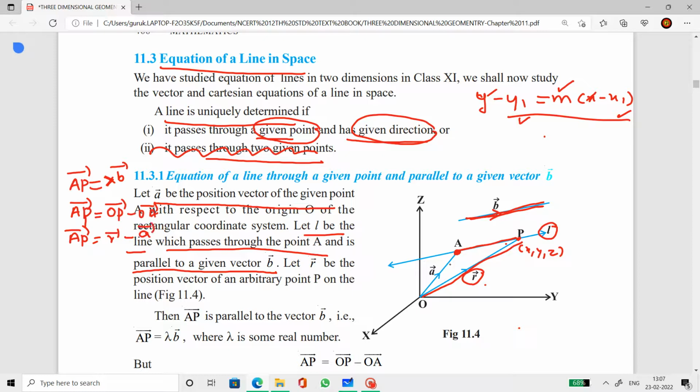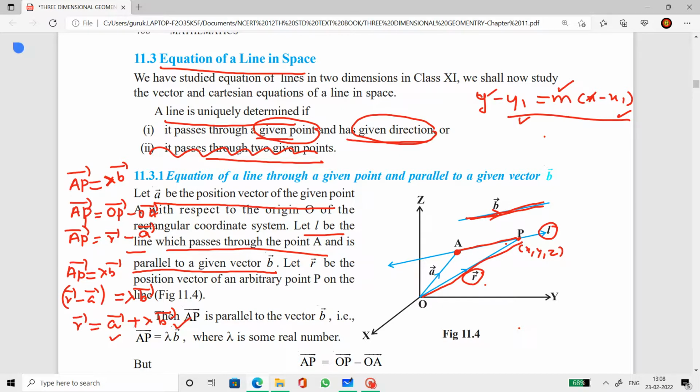So AP is R minus A. And since AP vector is lambda times B vector, R minus A vector equals lambda times B vector. So that means R vector will be A vector plus lambda times B vector. So this is the equation of the line L, where A is the position vector of the passing through point, and B is the direction vector.